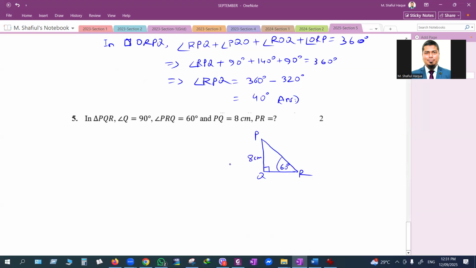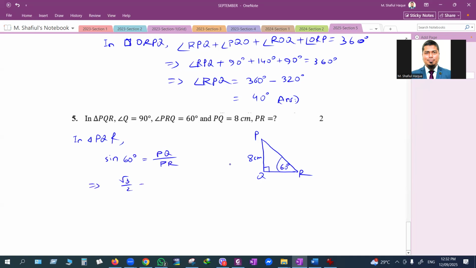What is the problem here? This is very, very simple. In the triangle, sine 60 degrees is the opposite PQ by the hypotenuse PR.